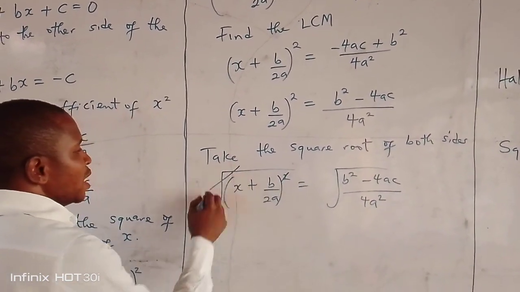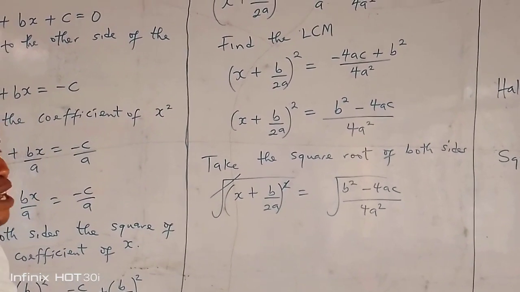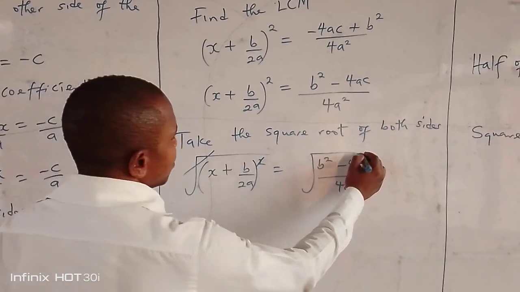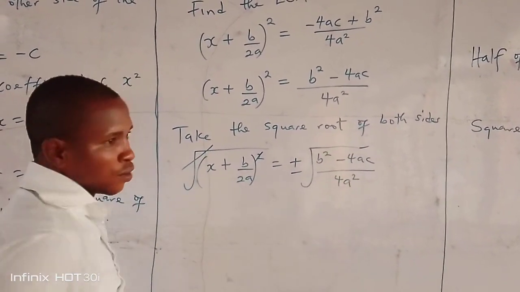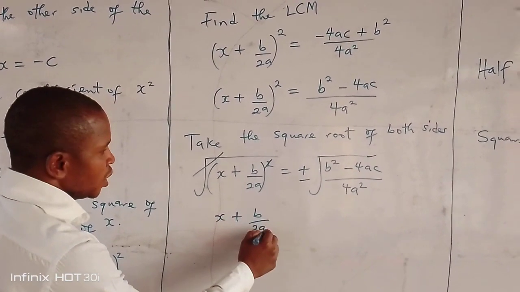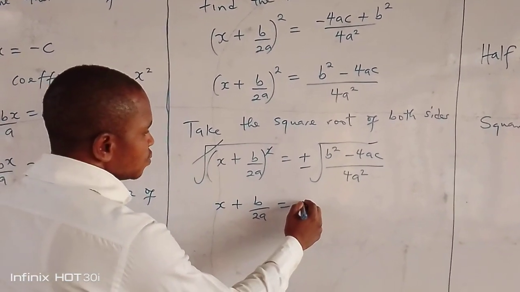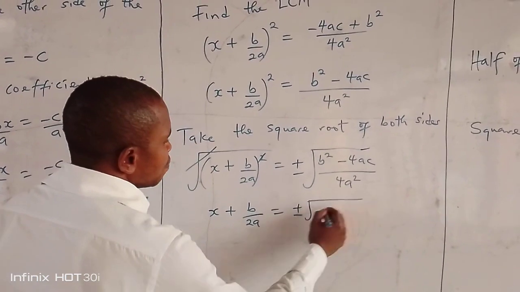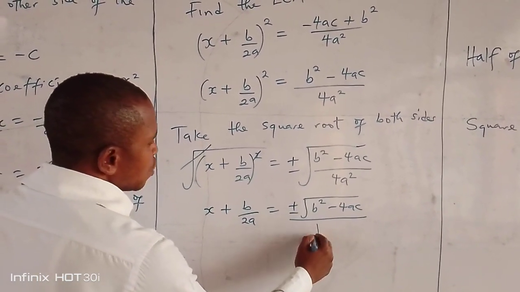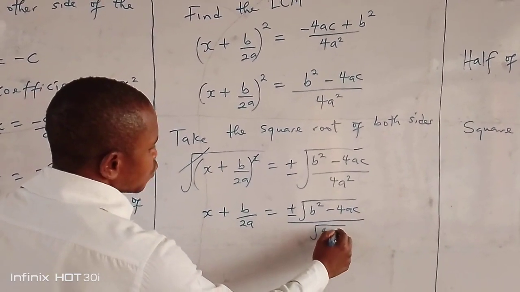So this square here will eliminate this square root. And remember, anytime that you are asked to find the square root of a number, it should be plus or minus. So this will give you x plus b over 2a is equal to plus or minus the square root of b squared minus 4ac over the square root of 4a squared.